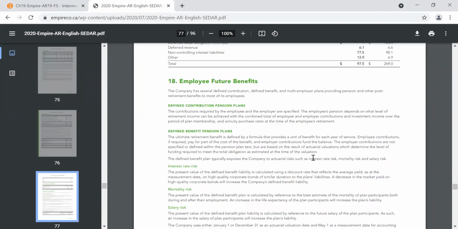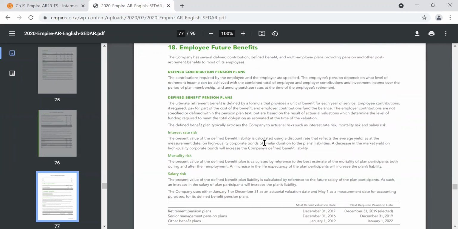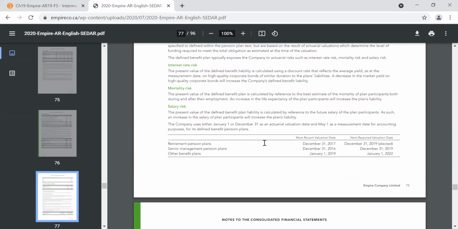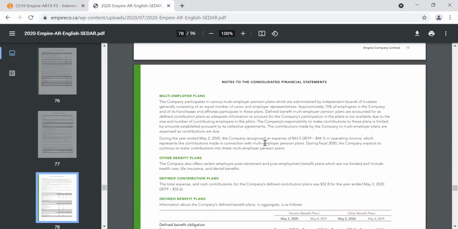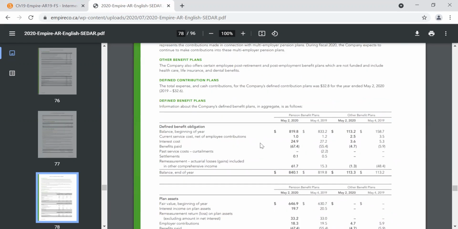It's quite a long note because they tell you what kind of pension plan they have. Defined benefit would have more disclosure, but they also have a defined contribution plan, which has nothing in the footnote. And they have all the risks and assumptions. But what I want to show you is this continuity table.